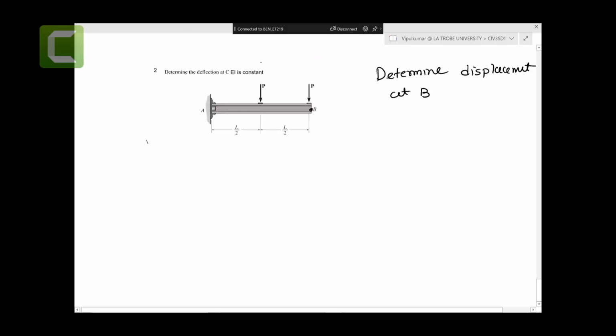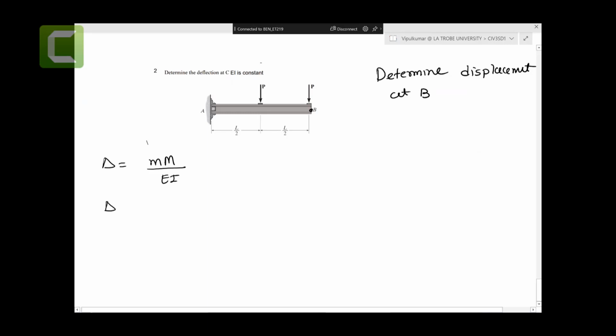Okay, so first things first, the rules are the same: real system, virtual system, and one simple equation. The one simple equation that we have is delta equal to the integral of small m capital M over EI. And you can see there are two segments.